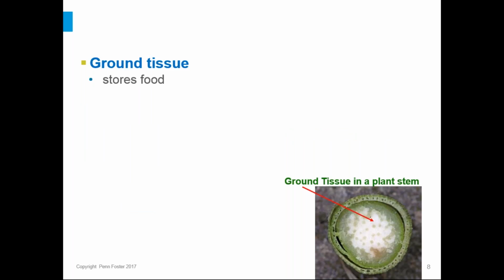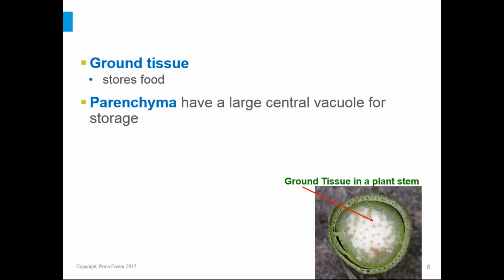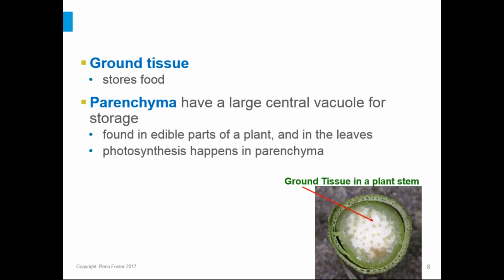Ground tissue is the name of the tissues that store food in the plant, and it's not necessarily in the ground or underground, that's just the name of the tissue. Ground tissue contains cells that have a large central vacuole inside the cell for storage. Cells that have this are called parenchyma, and parenchyma are found in edible parts of the plant and in leaves.